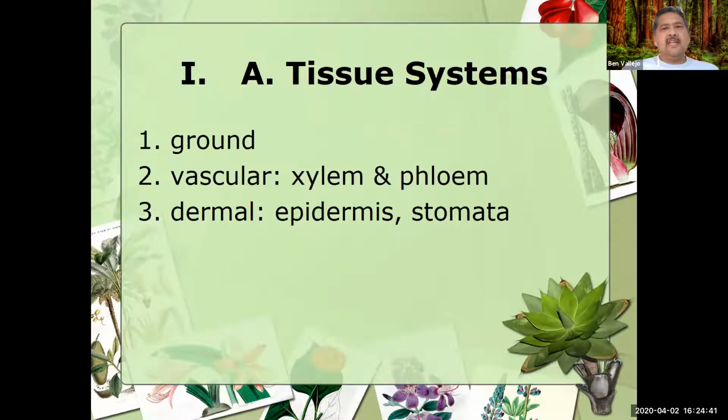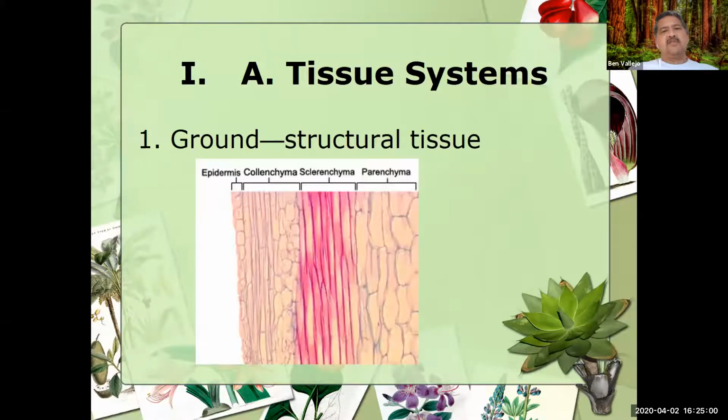In flowering plants, the tissues are divided into the ground tissue, the vascular tissue, and the dermal tissue. Most of the tissue of the plant is ground tissue, and that's the structural tissue.